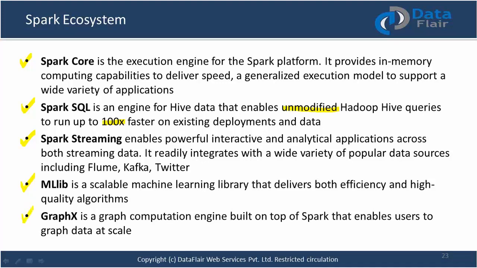GraphX is a graph computation engine built on top of Spark that enables users to process graph data at massive scale. So guys, these are the major ecosystem components on top of Spark.